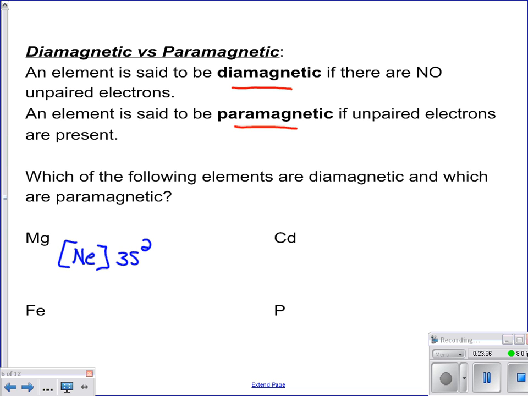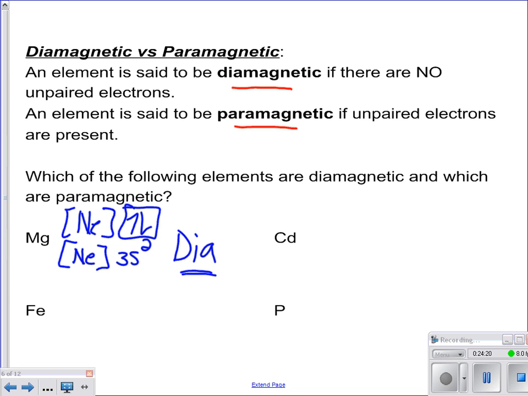So with that 3s2, when you draw your orbital spin diagram, it is up-down. Do you have any unpaired electrons there? No. So which one's it going to be? Diamagnetic, meaning it opposes a magnetic field.